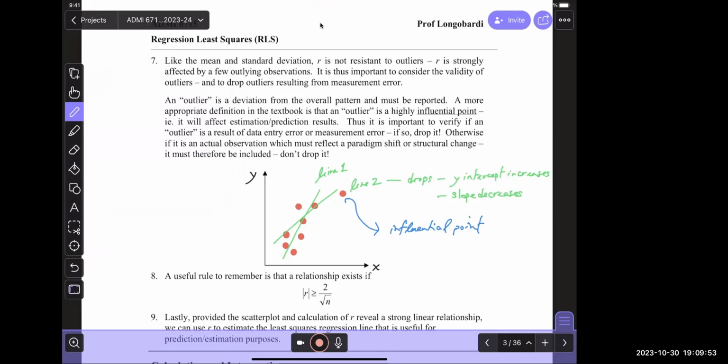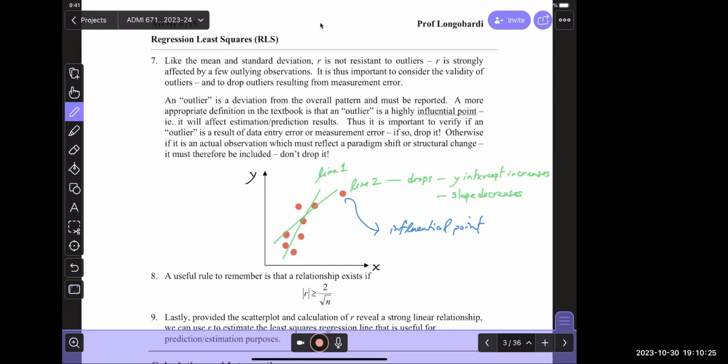So you have to identify values that have influence, and you have to decide if they belong in your data set. Was there an error made in computing it? Was it a measurement error? Was it a data entry error? In that case, if you can correct it, you shouldn't just exclude it without determining if it's an actual correct data point.